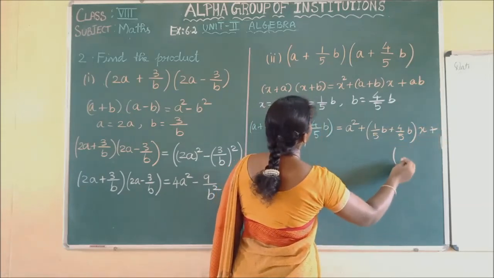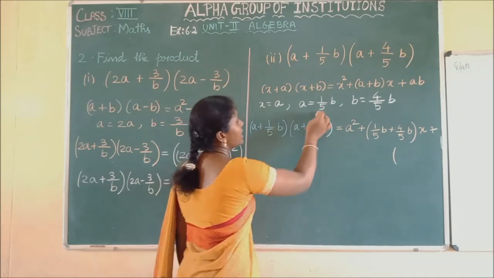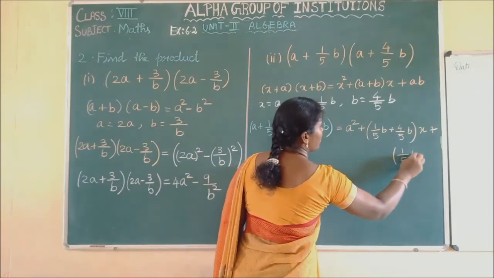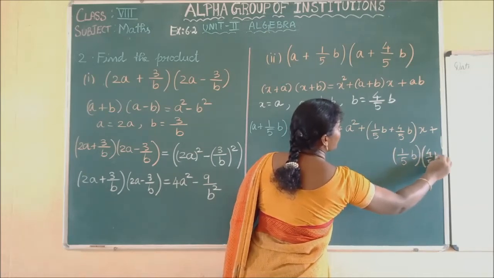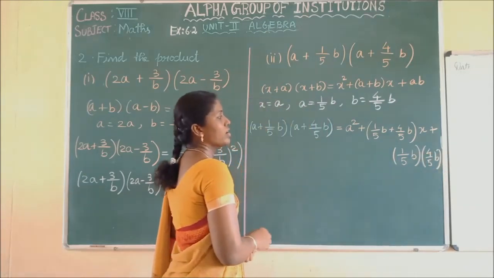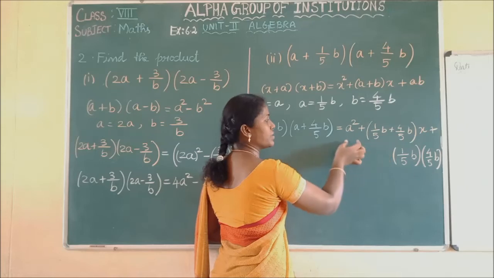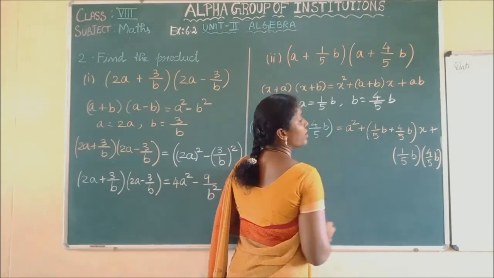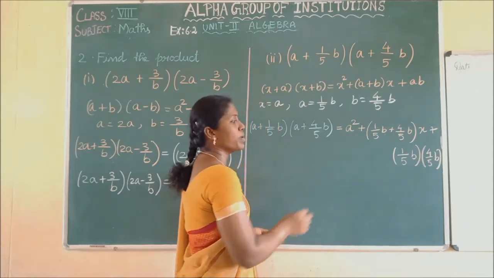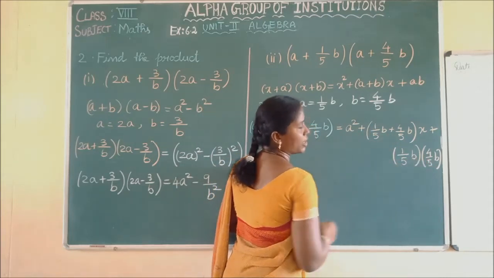What is a into b? a is 1 by 5 b, and b is 4 by 5 into b. Okay, so we just substitute all the values here: a square plus (1 by 5 b plus 4 by 5 b) into a plus 1 by 5 b into 4 by 5 b.